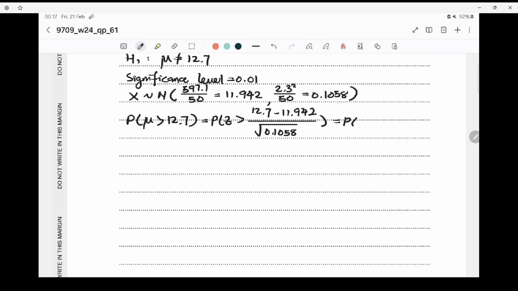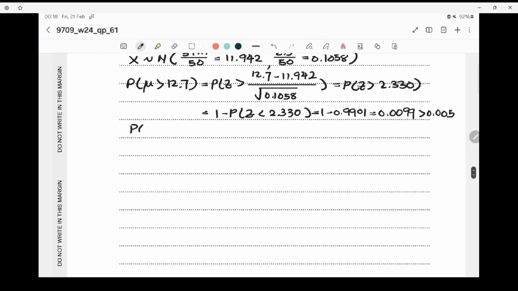So this is P(z greater than 2.330). So you want to read from the table, so you need to do the conversion. So in the end, you find that this is the value, and this value is greater than 0.005.